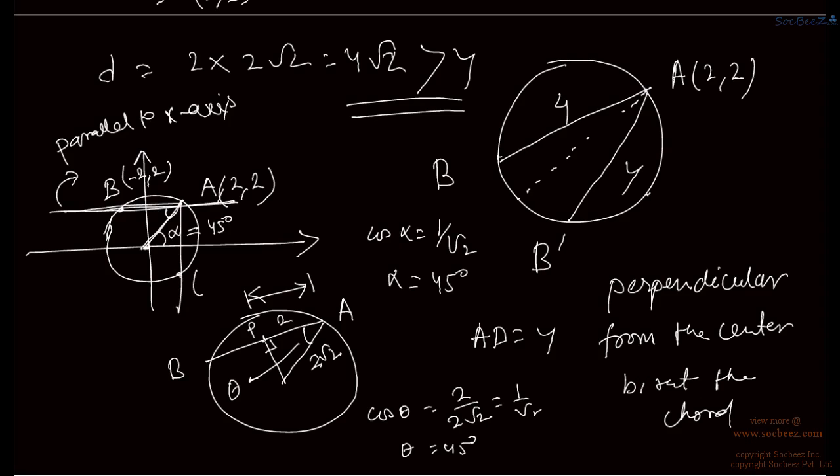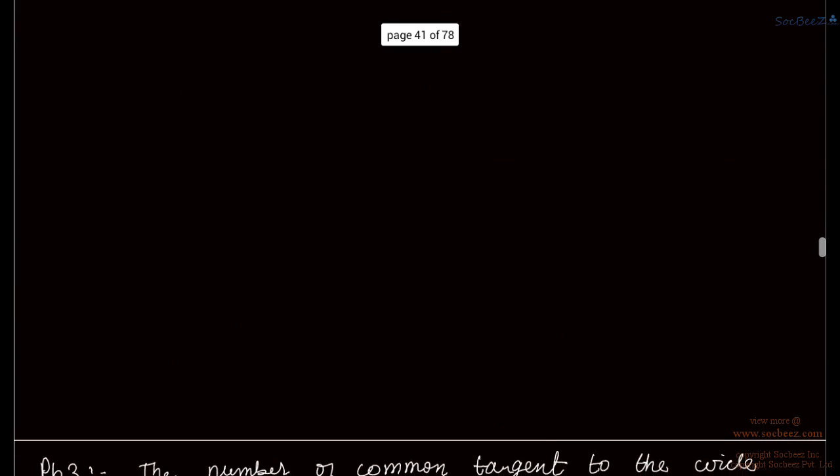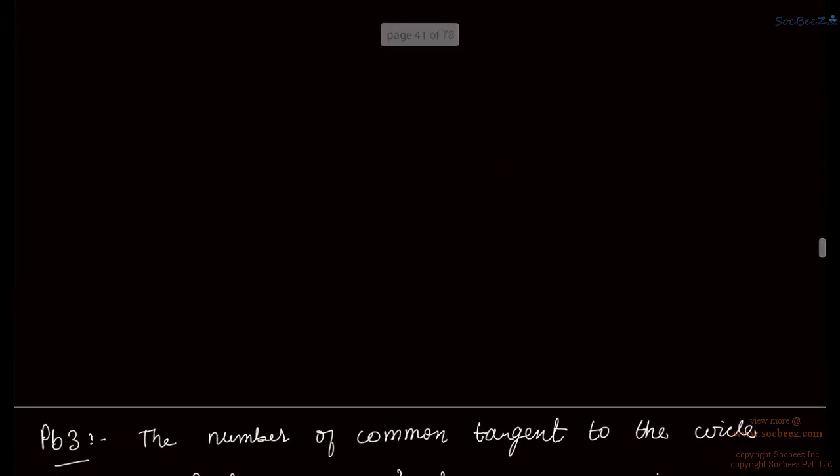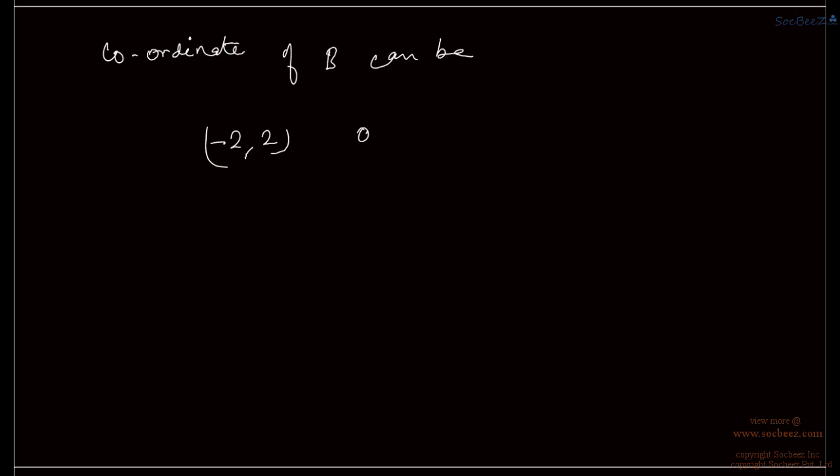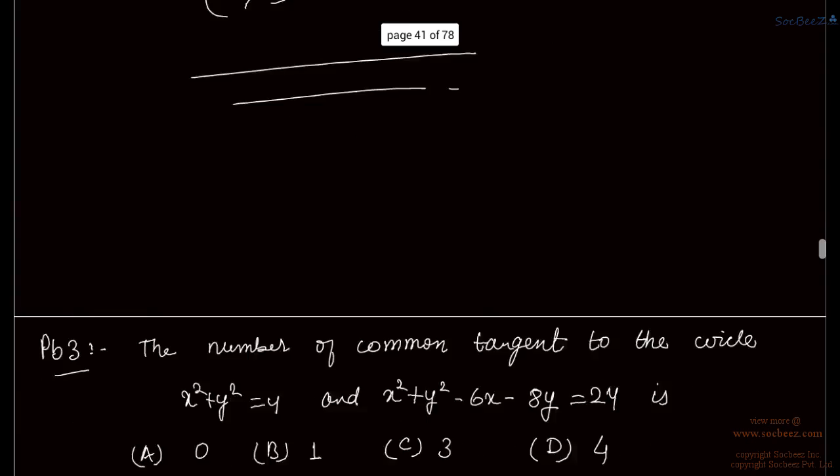So one is (-2, 2) and another is (2, -2). So the coordinates of point B can be (-2, 2) and (2, -2). Okay, so let's move to another question.